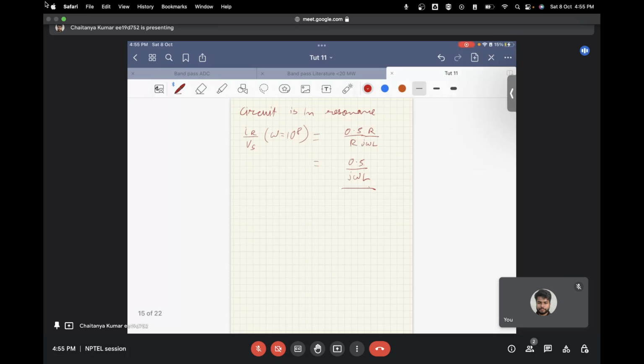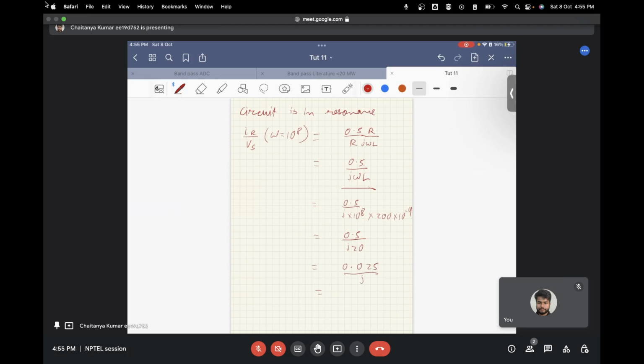If you substitute the values, what you get is 0.5 upon j into 10 to the power 8 times 200 into 10 to the power minus 9. So this comes out to be 0.5 upon j20, which is 0.025 by j.